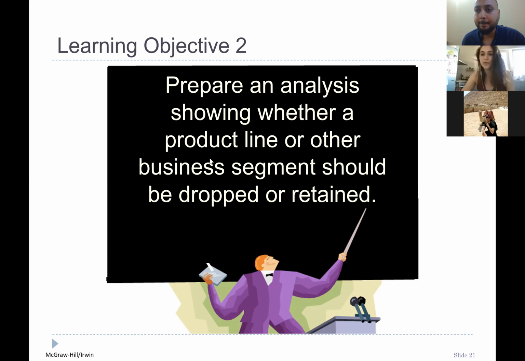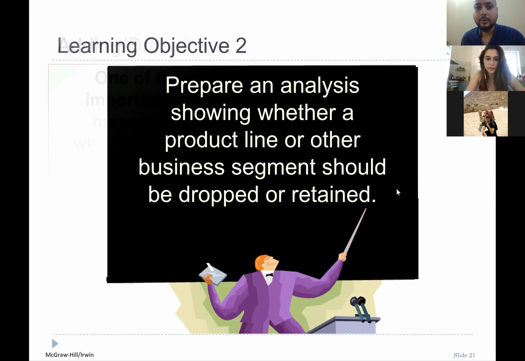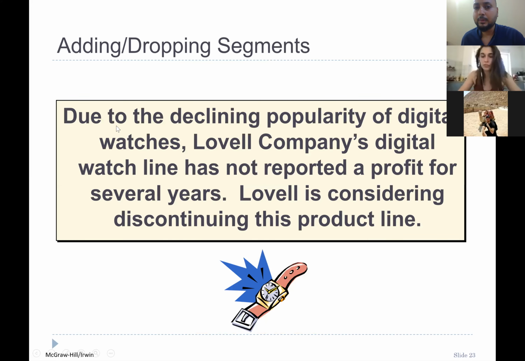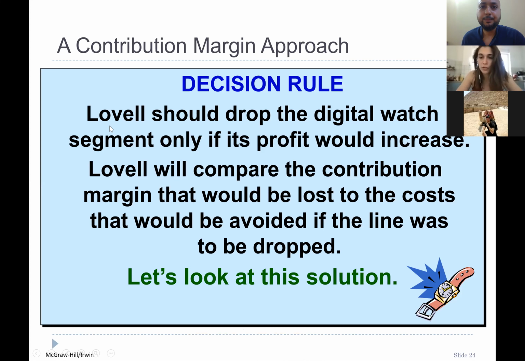I can see the PPT also, the adding dropping segments. Okay, now it's not adding dropping segment, it is learning objective 2. No, I'm still on the old one, although now the connection is good. Okay, wait a second. Let me pause the recording here.